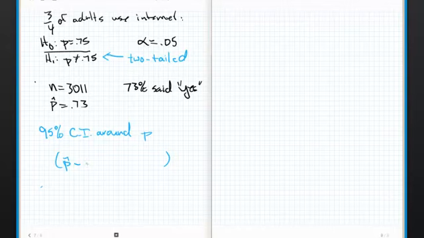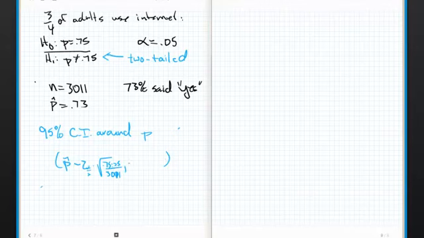And what was the error term again? It was z sub alpha halves times the square root. Remember, we're assuming that this is our parameter, so I get to say 0.75 times 0.25. Remember, if we didn't, then we would assume that both p and q are 0.5. And I divide that by n, which is 3,011. And that's going to be the left bound.